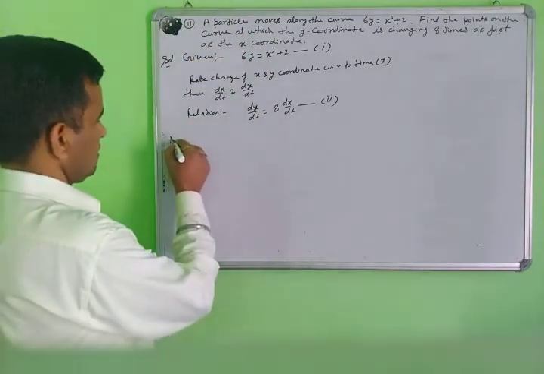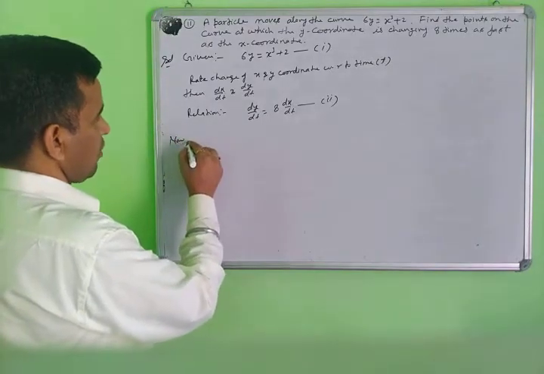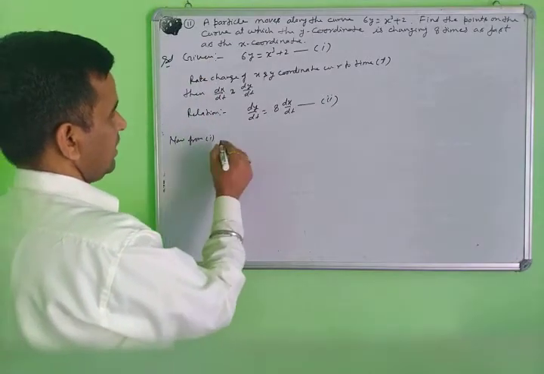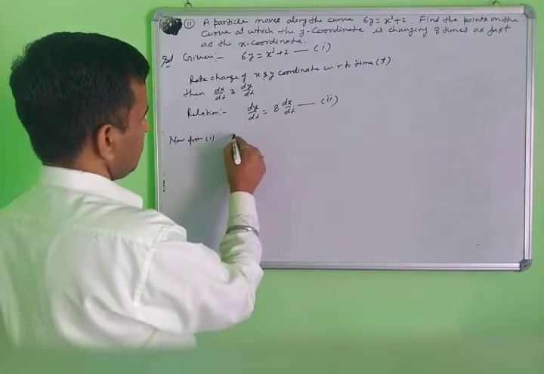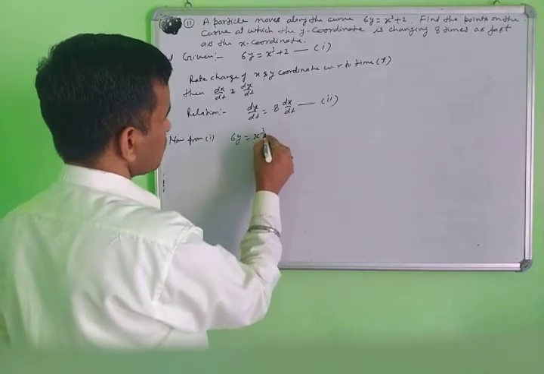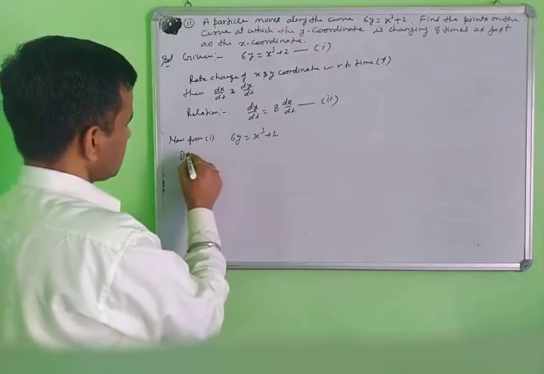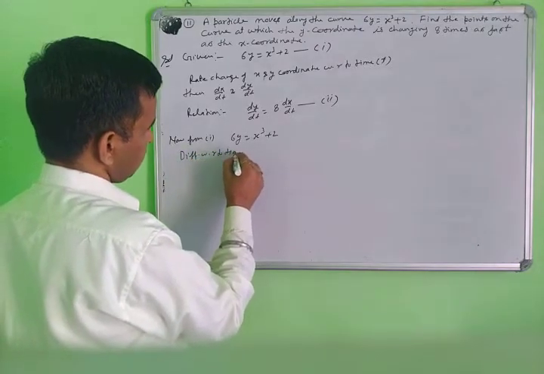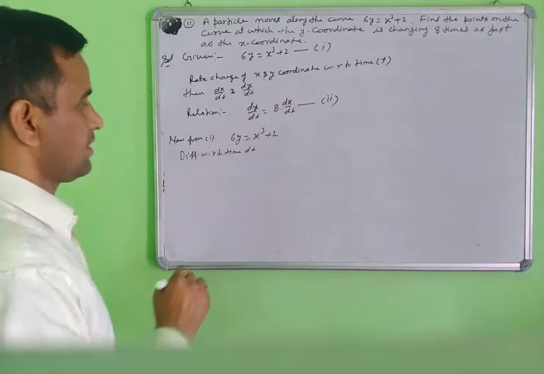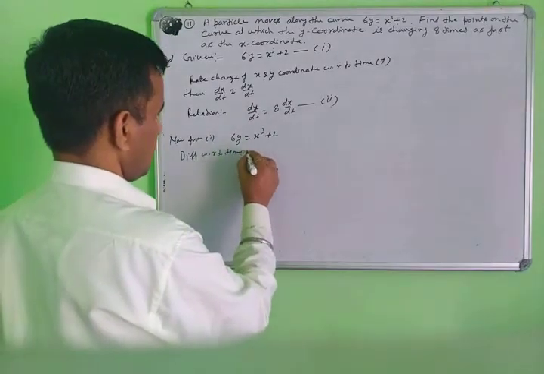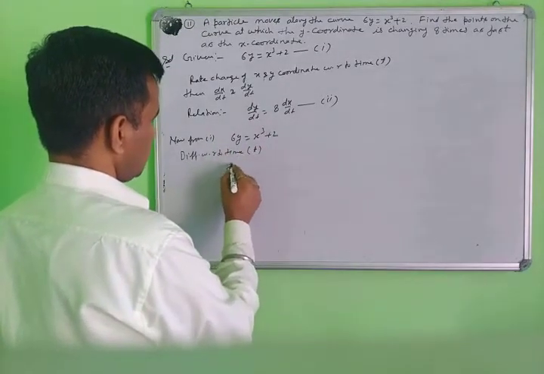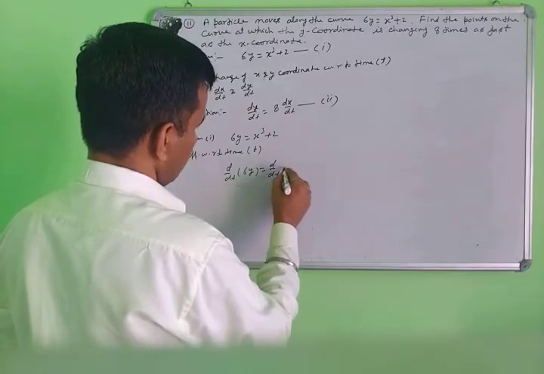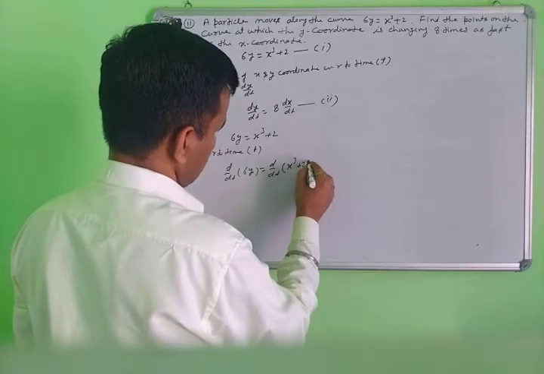Now the solution starts from the first equation. From 6y equals x cube plus 2, differentiate with respect to time t: 6 dy over dt equals d over dt of x cube plus 2.